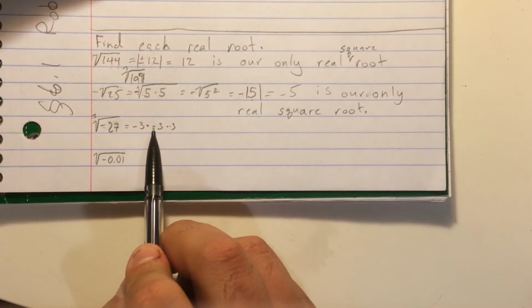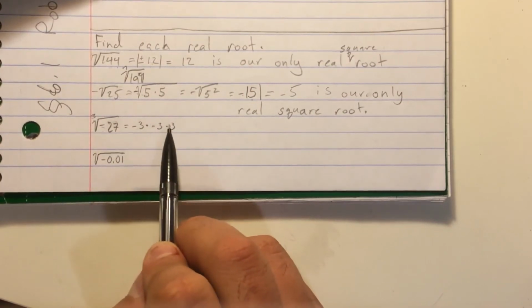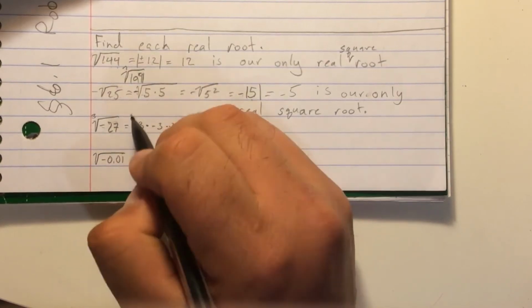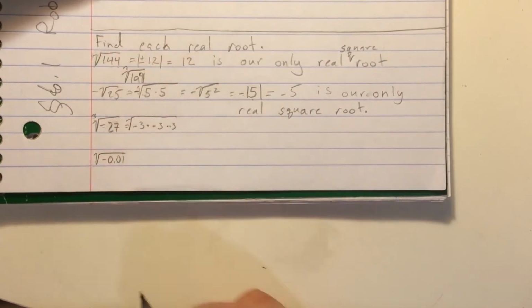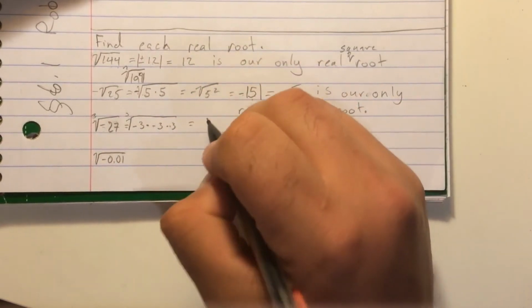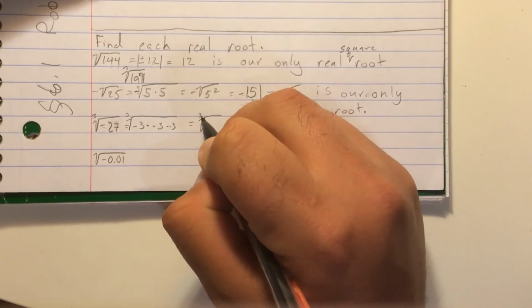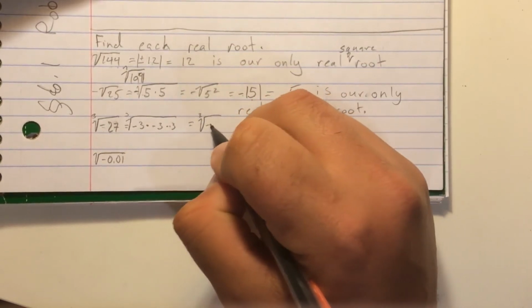A negative times a negative would be a positive, and then times another negative gives the negative that we have here. So this is equal to the cube root of negative 3 cubed. You have to put a 3 over there to show it's a cube root.